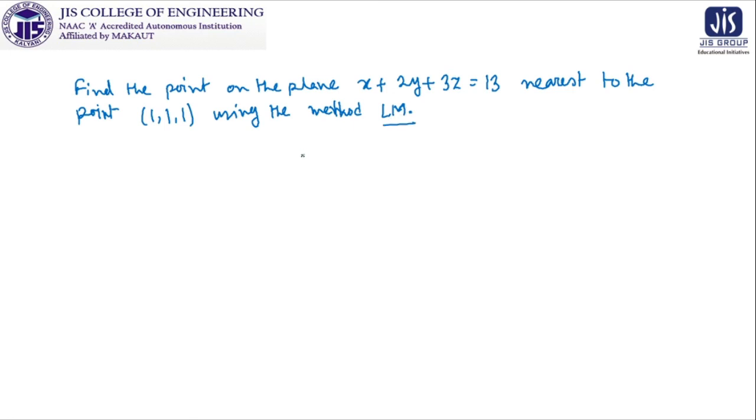I am not solving this, I just want to say that what is the case that if you have a plane and suppose if you have a point, it is asked that on this plane which is the point lying on this plane as well as nearest to 1 1 1. So look at this, there are infinite number of points on this plane and there are infinite distances. Among them, which one is nearest?